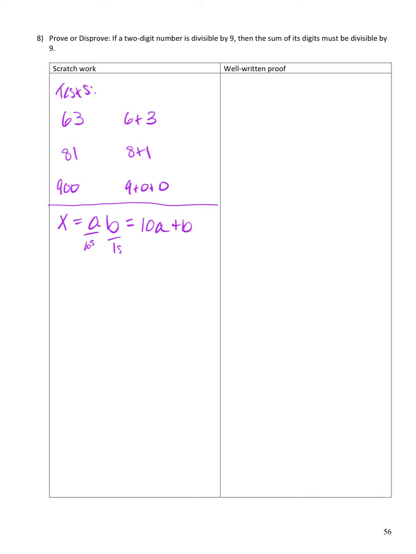And we're going to suppose that 9 divides 10A plus B. And we need to show that 9 divides A plus B. Okay, so if 9 divides 10A plus B, that means that 10A plus B is a multiple of 9.